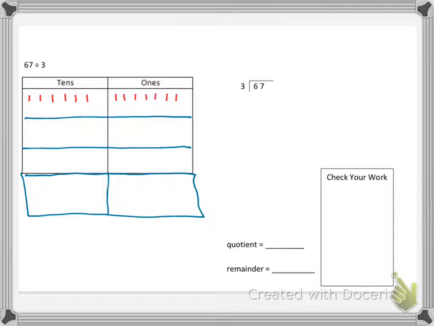Now, I know in an earlier lesson I told you about this. How we read this problem is we kind of read it backwards. I do not want to hear 3 divided by 67, because that would look like this. And that just looks ridiculous. So that is not how we read it. We read it this way. 67 divided by 3.